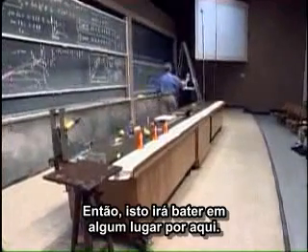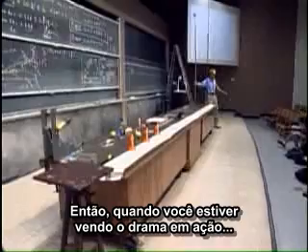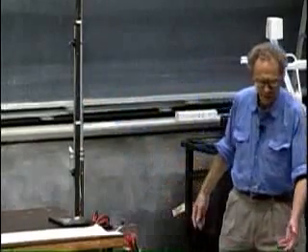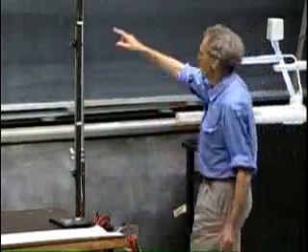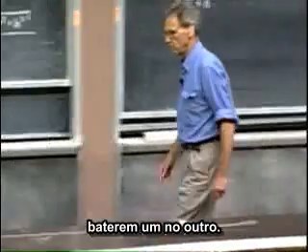So it will hit somewhere here. That's that point P. So when you're going to see the drama in action, this is where the monkey will reach when the two hit each other.